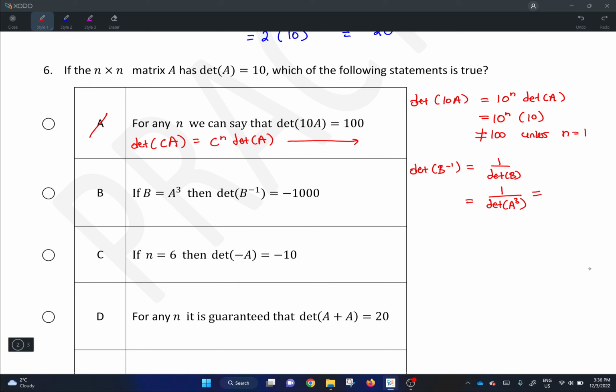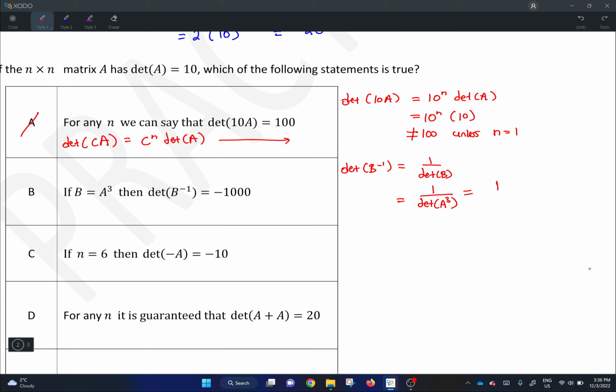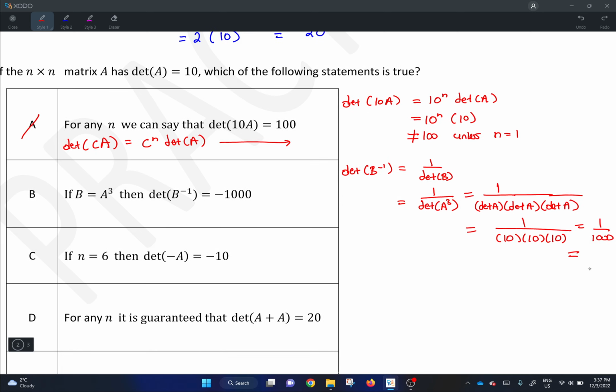And then that is 1 over the determinant of A times the determinant of A times the determinant of A. So that's 1 over 10 times 10 times 10, which is 1 over 1,000, which is not negative 1,000. So it can't be B.